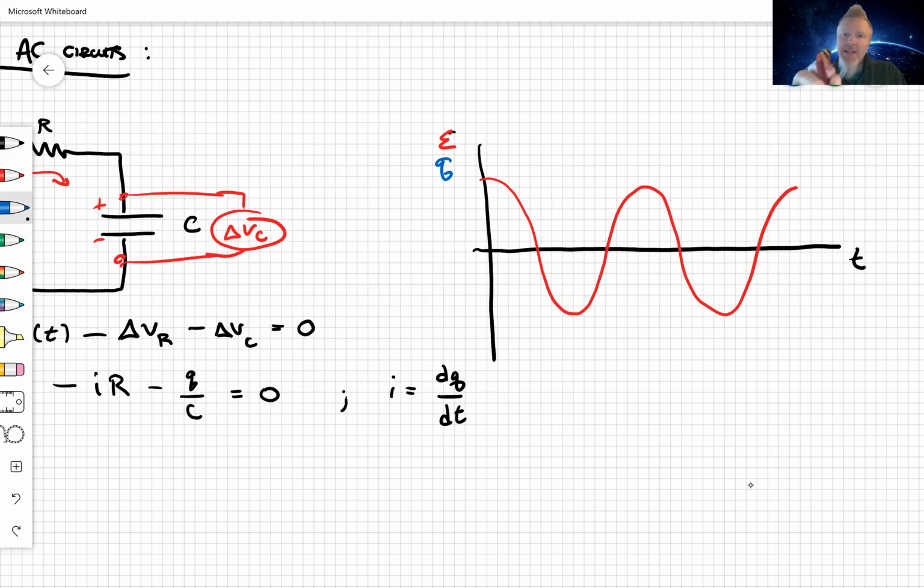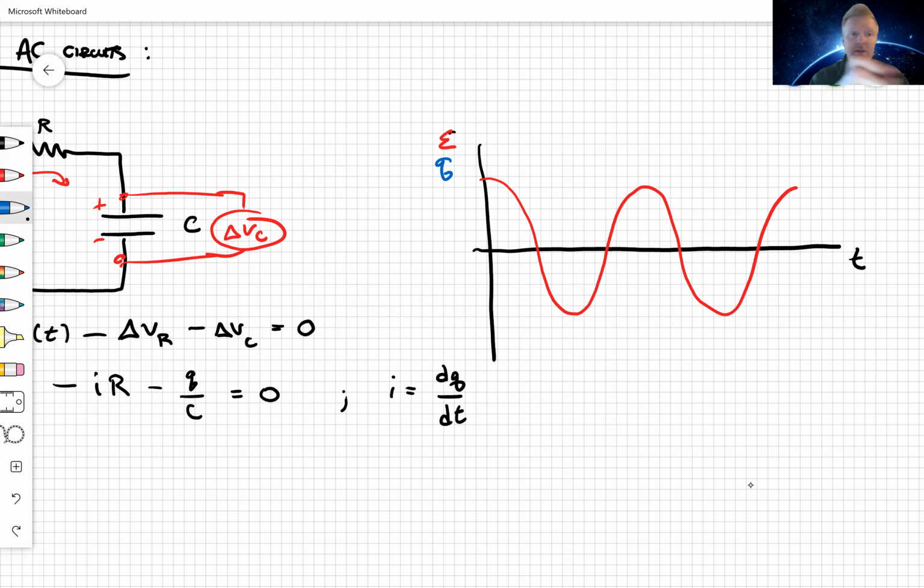So what's happening now? Initially starting with an uncharged capacitor, the voltage is on and going, and then suddenly kicks off. Well, once the voltage flips and it starts pushing current the other way, that's going to start removing charge from the capacitor plates.